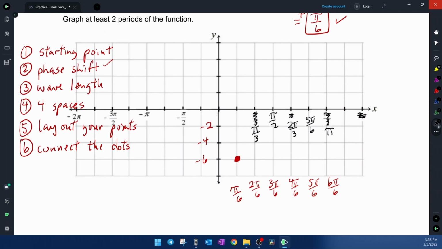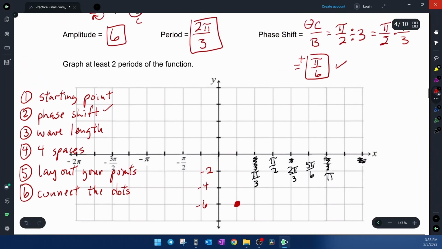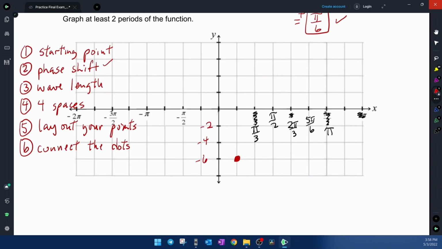And now I can determine my wavelength. So scrolling back up, we know that the period is the wavelength. And that means from start to finish, I need to travel a distance of 2 pi over 3. And so then the question becomes, 2 pi over 3 is how many pi over 6, because that's what each one of the hash marks represents on my graph.